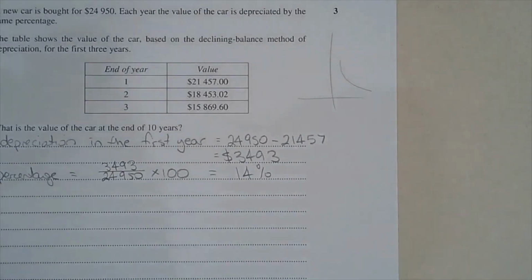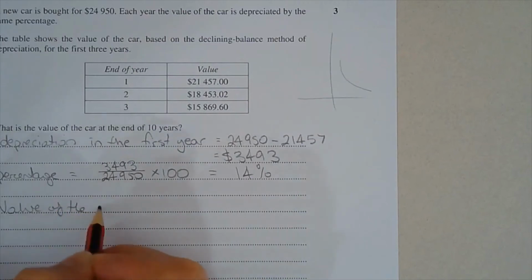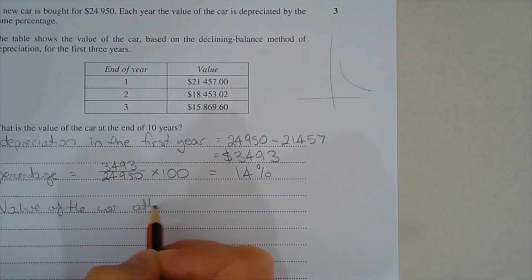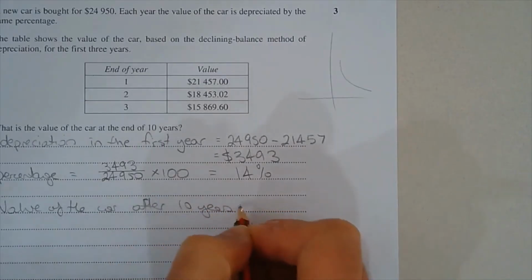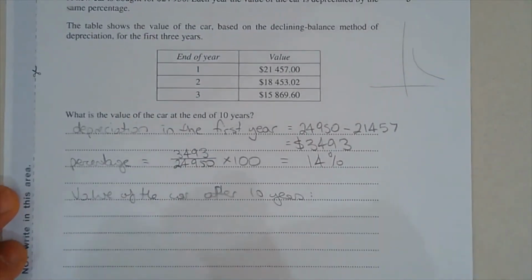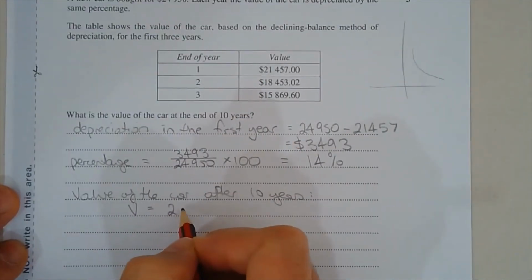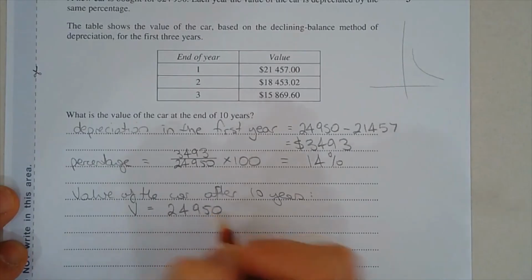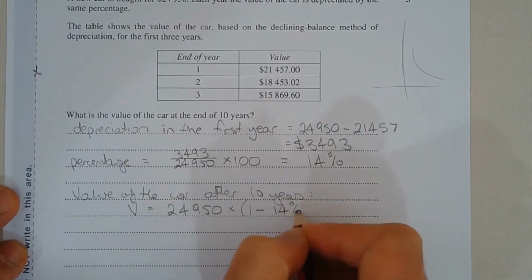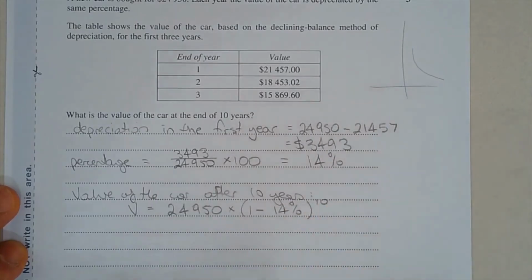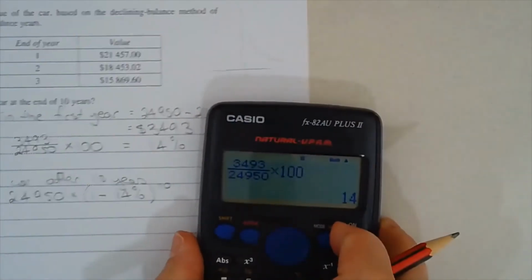So the value of the car after 10 years is equal to the original price multiplied by (1 minus 14%) to the power of 10.